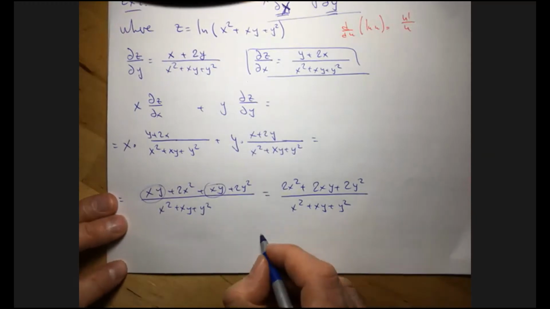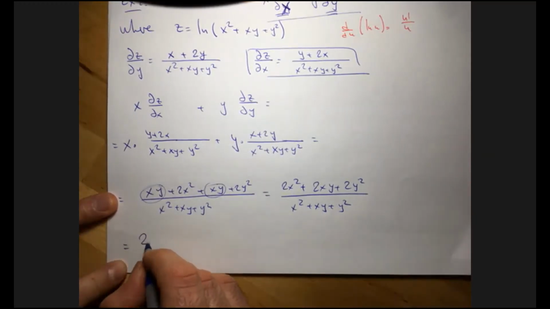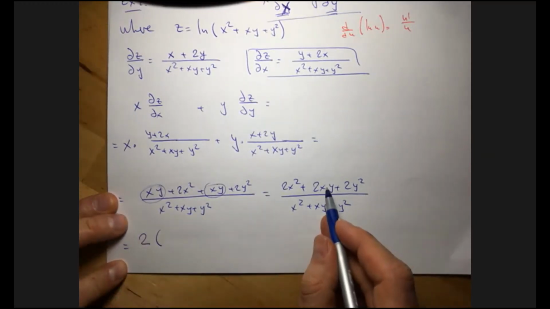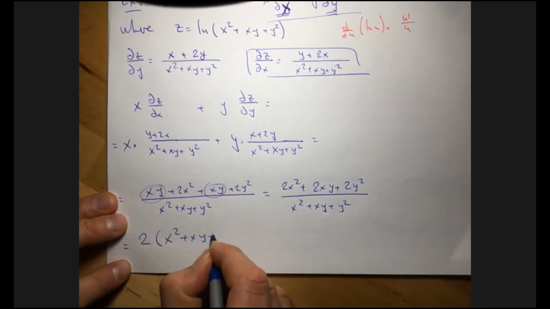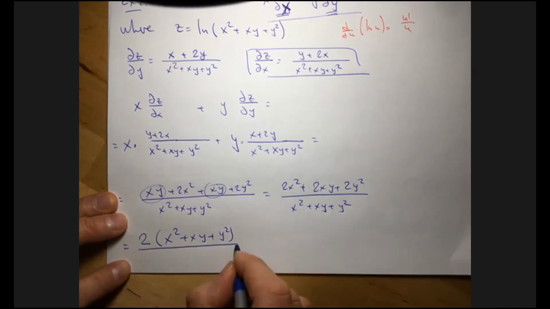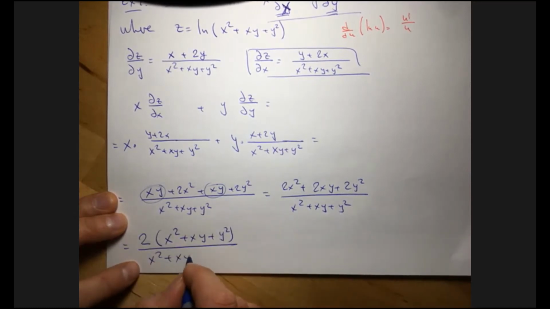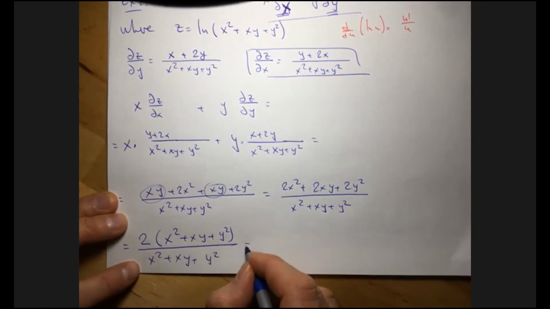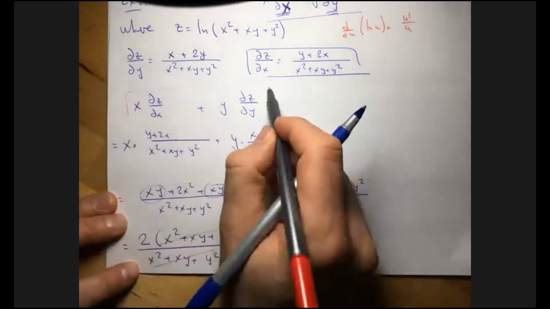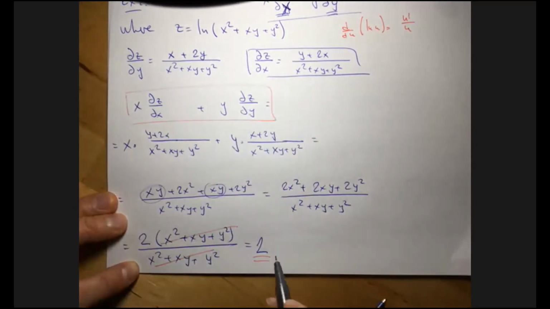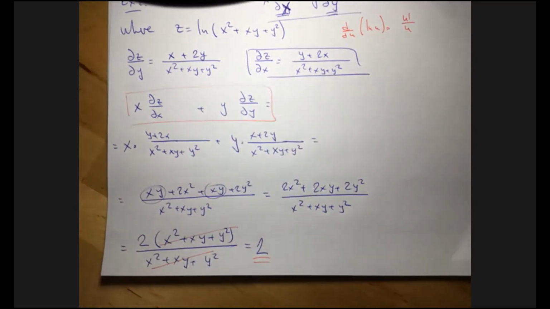It's obvious that if you factor 2 in the numerator, the second factor is going to be the same as the denominator, x squared plus xy plus y squared over x squared plus xy plus y squared, and that indeed is just 2 after we cancel this out. So we have shown that this is equal to this.